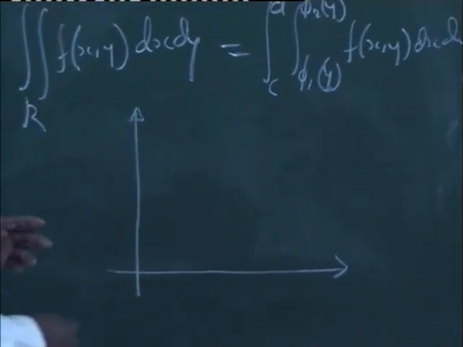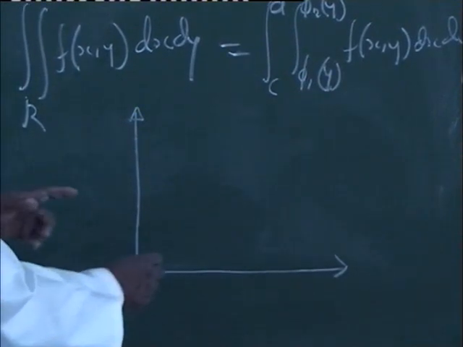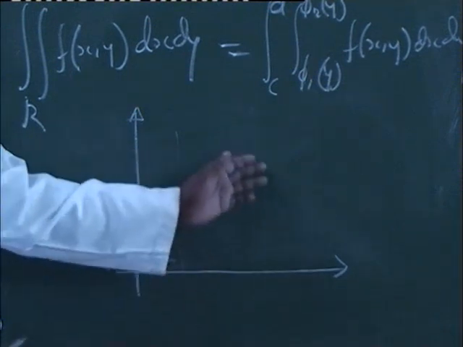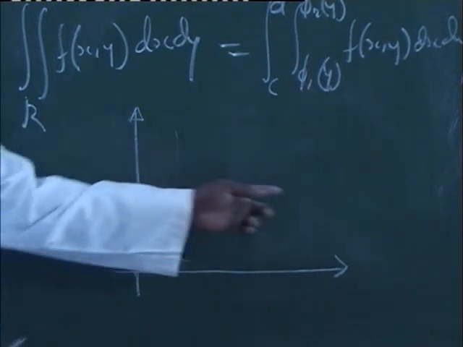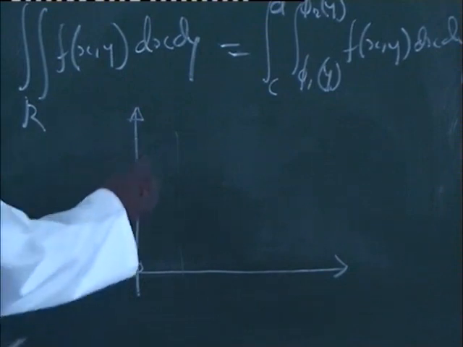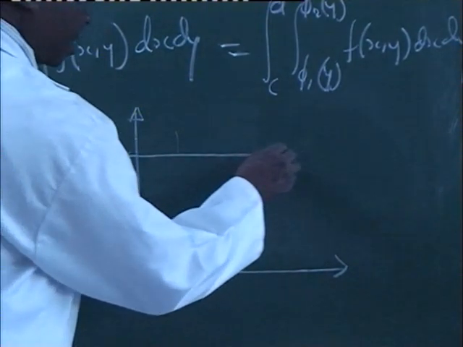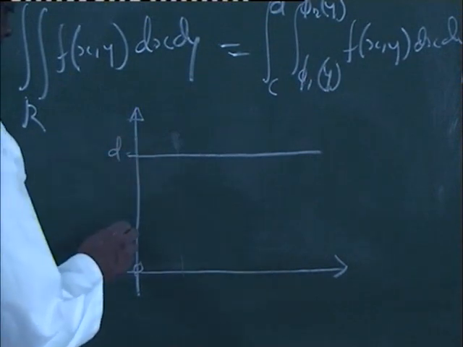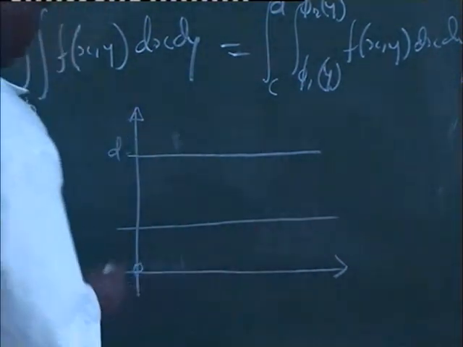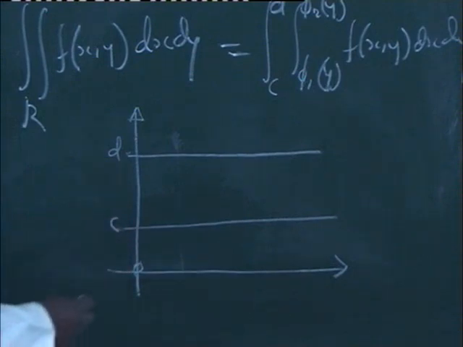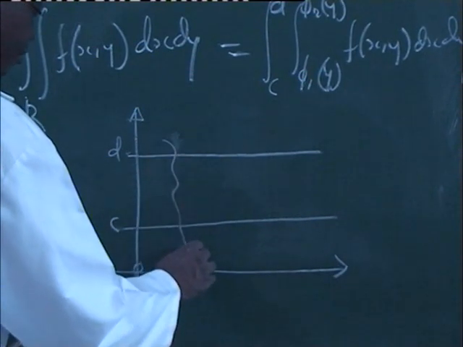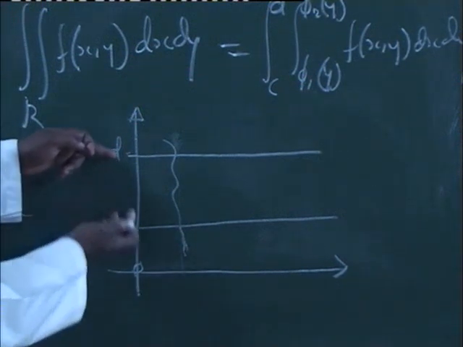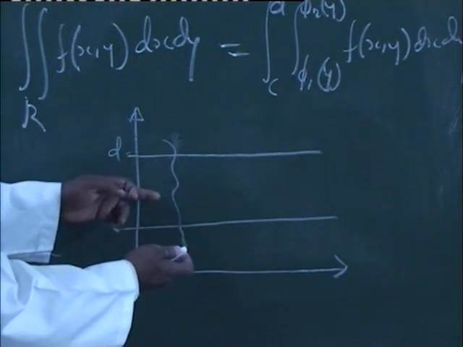Now in this case, in the former one that we did, the line was here, x is equal to a, and x is equal to the function, that is the curve in this way. But in this one, we have a line here, and this is d. We have another line here, which is c. Then we have a curve, and this curve is continuous in this interval. That's what we are saying. It's continuous. It doesn't cut in the interval.